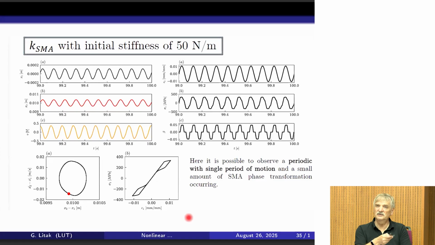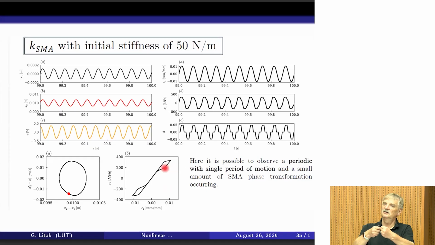And this effect is called superelasticity. You have the stress of the same level, but you can change the displacement, or deformation.